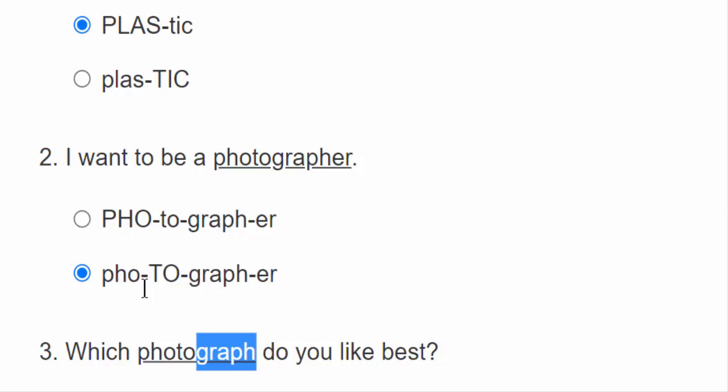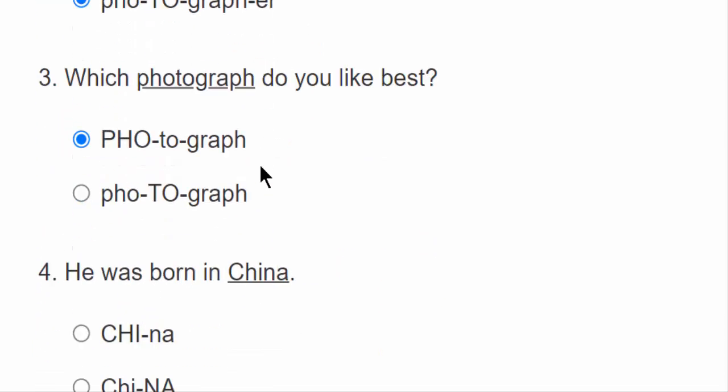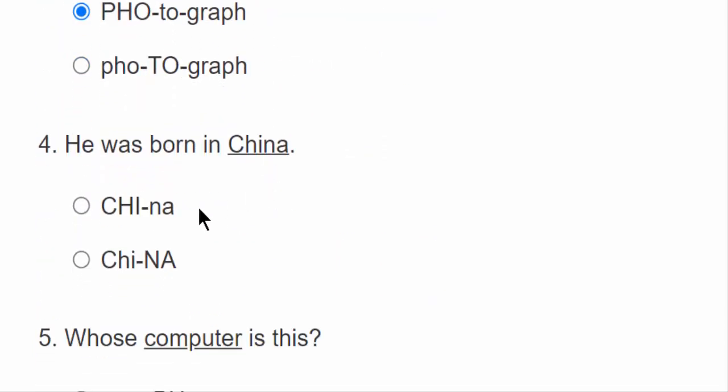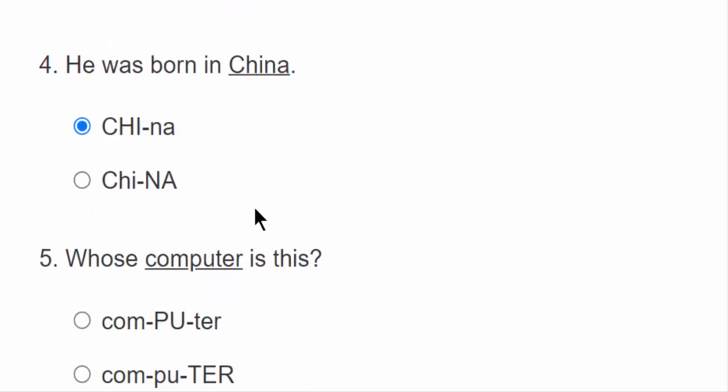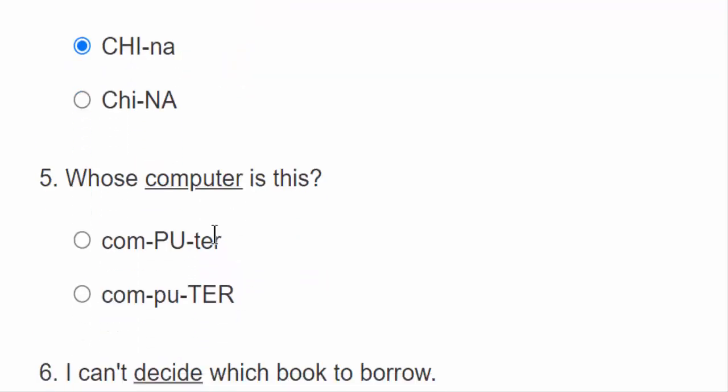But here it's not in pho because here we have er. 1, 2, 3. So the stress is in 2. Wallahu a'lam. He was born in China. China? No, I never stressed the second syllable. Yeah, it's China. I hope so.